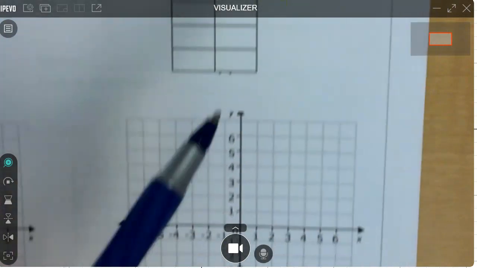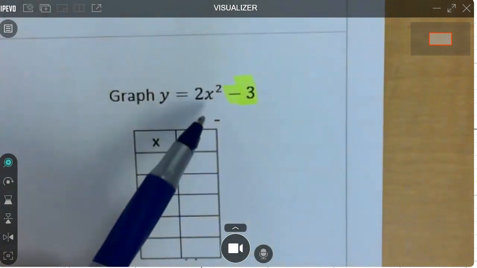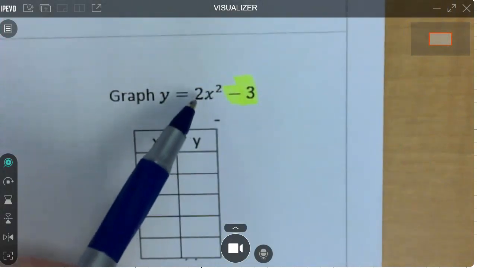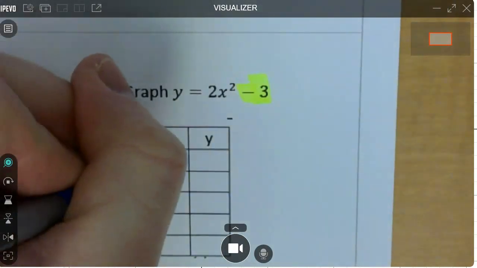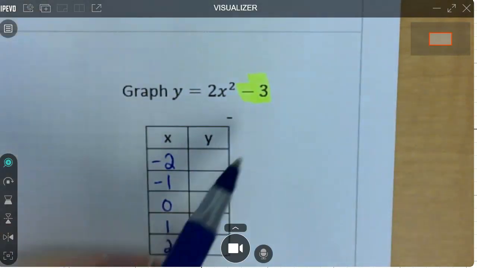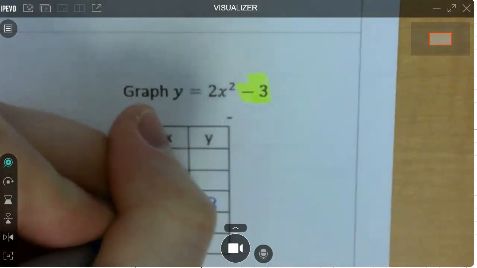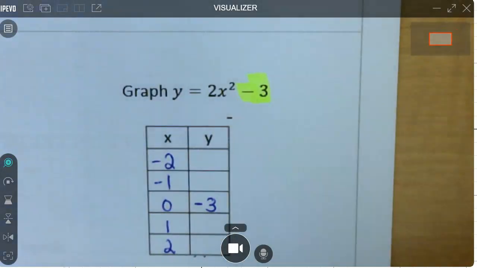And I already know that because this a value right here is greater than 1, this graph is opening up. So as I do my negative 2, negative 1, 0, 1, and 2, I already know that negative 3 goes right here. It is the y value of the vertex.